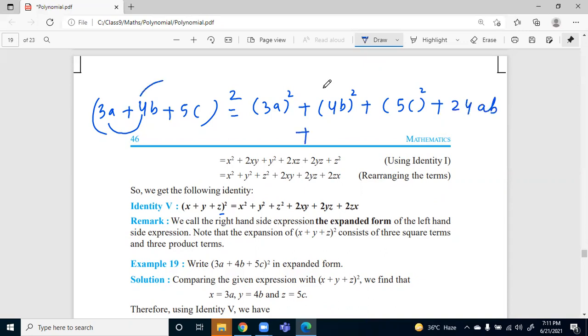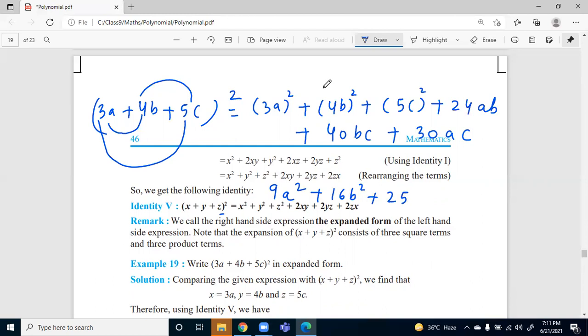Plus 4 into 5 is 20, into 2 is 40bc. Plus the last 2: 3 into 5 is 15, into 2 is 30ac. If I expand it more, 3a square is 9a square, 4b square is 16b square, plus 25c square, plus 24ab, plus 40bc, plus 30ac.